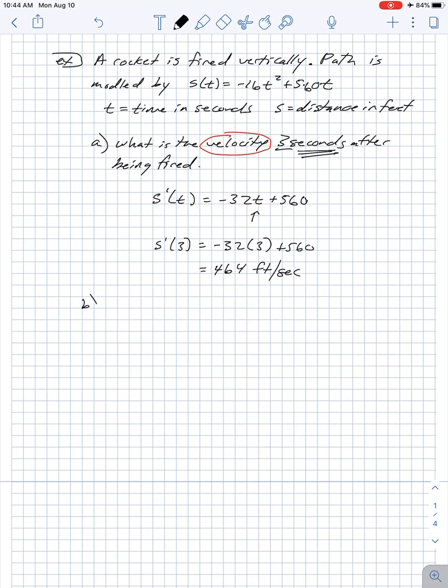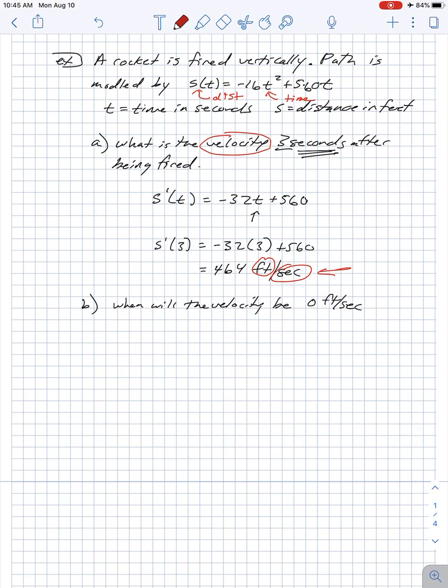Part B is going to ask, when will the velocity be 0 feet per second? So look at the labels again. When you take the first derivative, your label is always going to be distance over time. Your original function is distance and time, and the derivative is going to be your distance over your time.